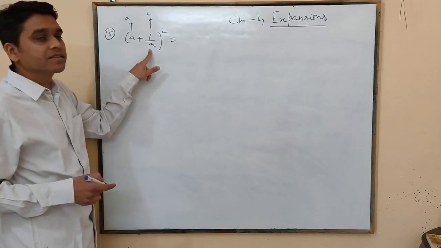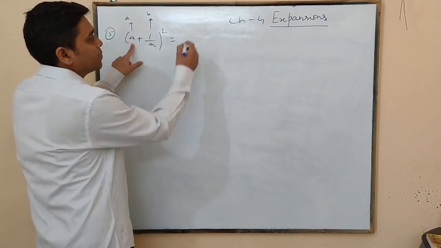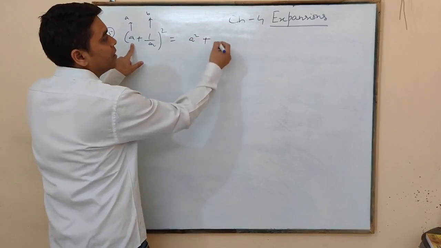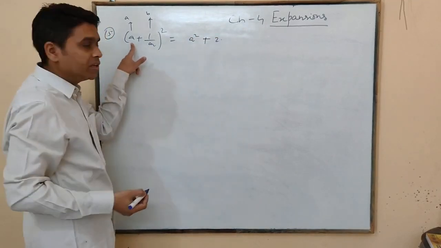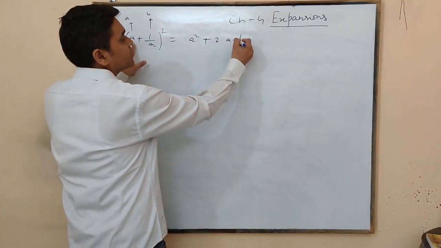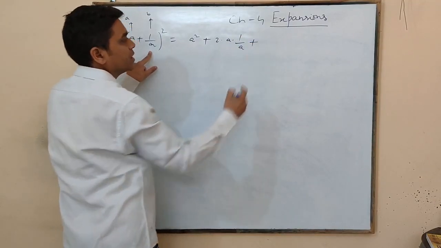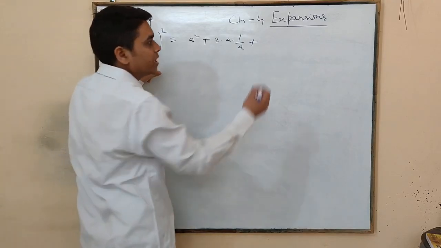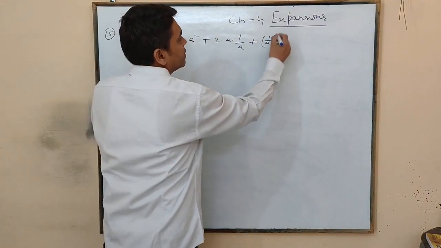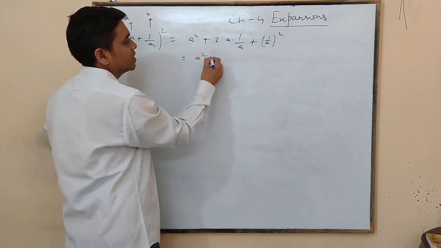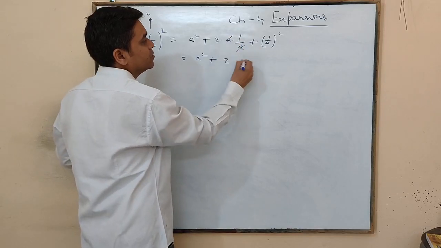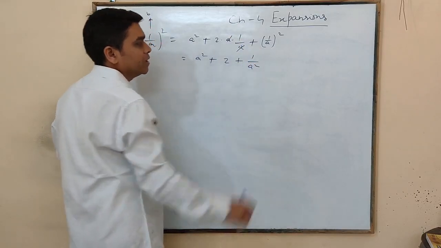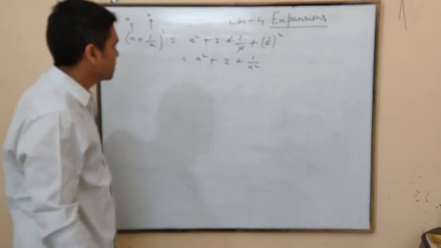This is a and this is, suppose, b. So a square plus 2ab. This is a. b is what? Here b is 1 upon a. So b square is 1 upon a whole square. So this is a square, a cancels, 2 plus 1 upon a square.